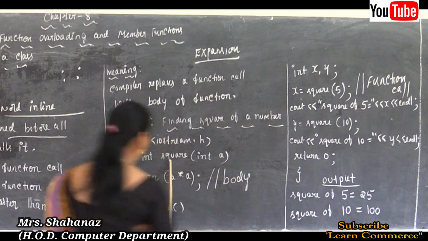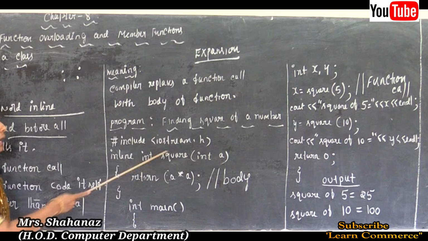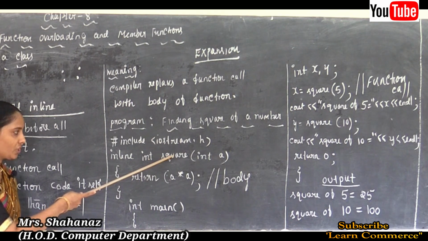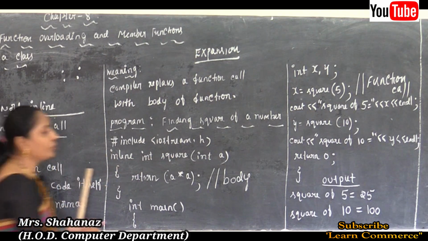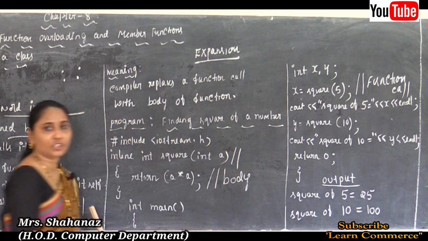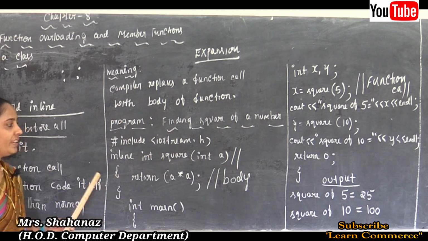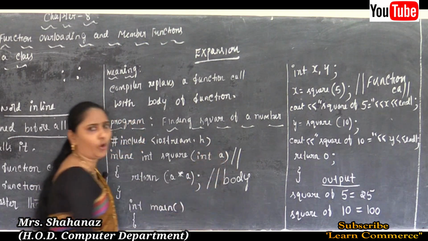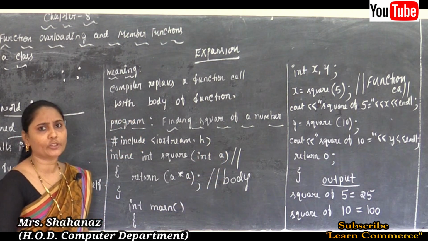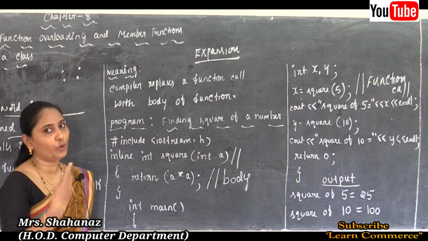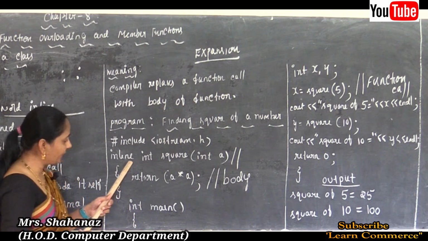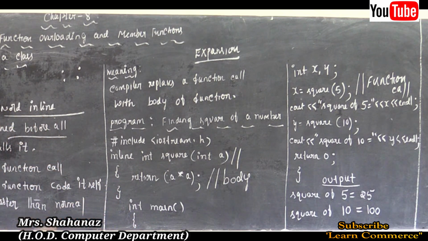In our inline function there is no separate declaration of the function. I directly define the inline function square of a number. When you use a semicolon, we say that we are declaring the function. If there is no semicolon, it directly defines the function.